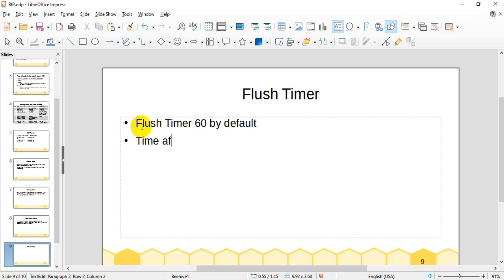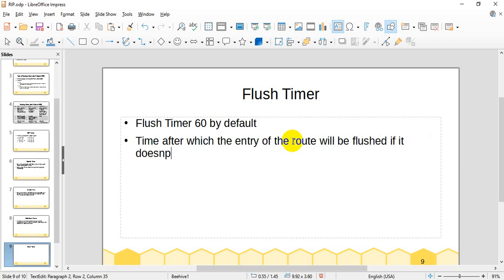The flush time is the time after which the entry of the route will be flushed if it doesn't respond within the flush time.